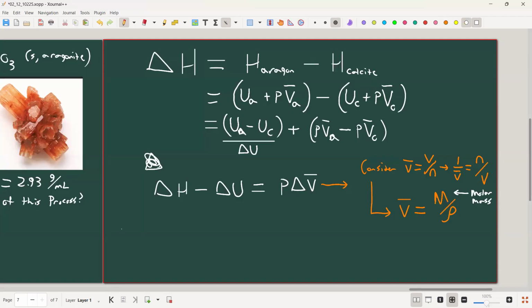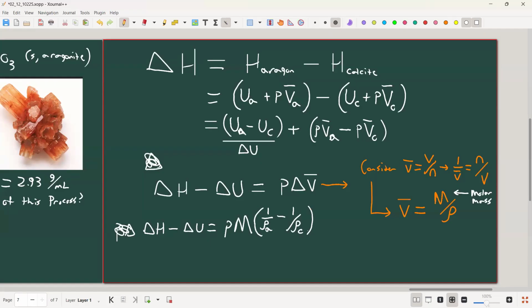So I can put this math in. Delta H minus delta U, which is the energy created or destroyed or not used for things other than heat, is equal to the pressure of the system times the molar mass of the material times 1 over the density of aragonite minus 1 over the density of calcite. Those are numbers we have.